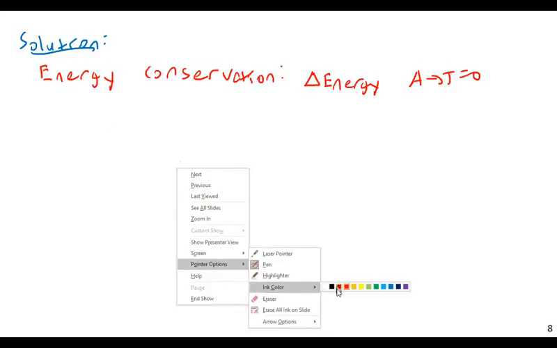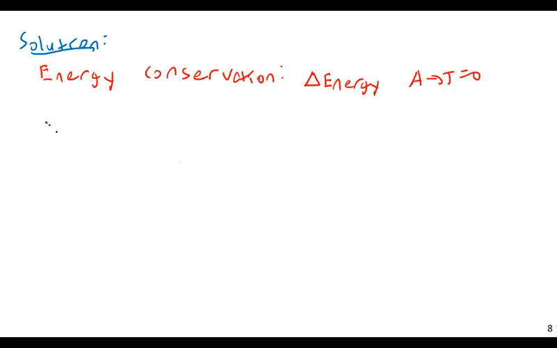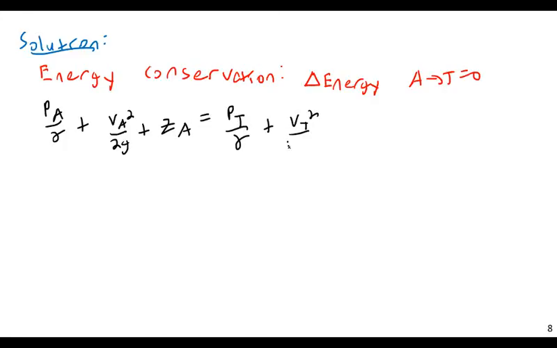Now let me write out the Bernoulli equation. PA over gamma plus VA squared over 2G plus ZA is equal to PT over gamma plus VT squared over 2G plus ZT.